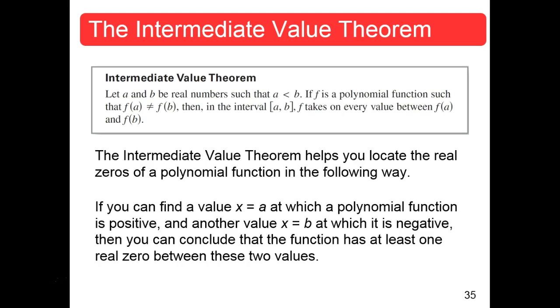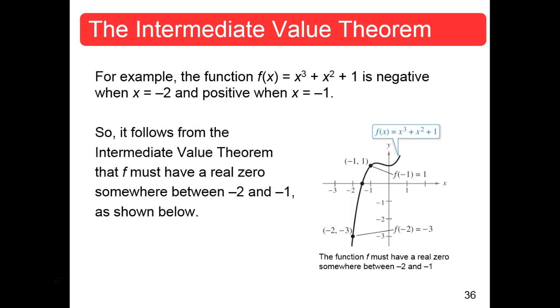You're going to have at least one crossing of the x-axis. At least one zero. May have more than one, but at least one. So if you can find a value x equal a where the polynomial function is positive, and another value x equal b where it's negative, you can conclude without a doubt the function has at least one real zero between those two values. Intermediate value theorem.